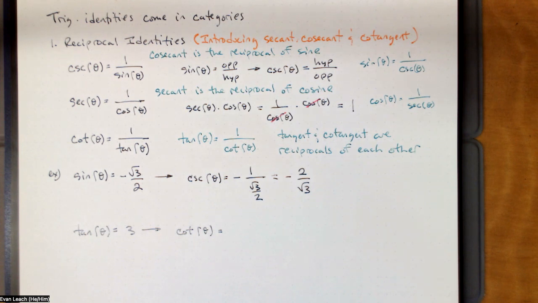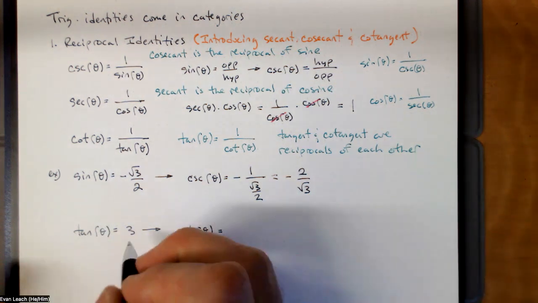Just to remind you, whole numbers are fractions too. But when the denominator is 1, we don't normally write the denominator of 1. So if the cotangent of theta is equal to 3, we're imagining a denominator of 1.